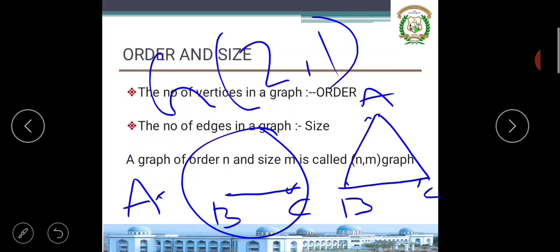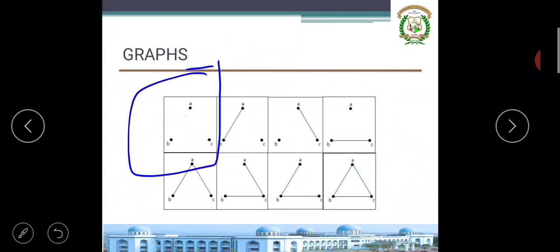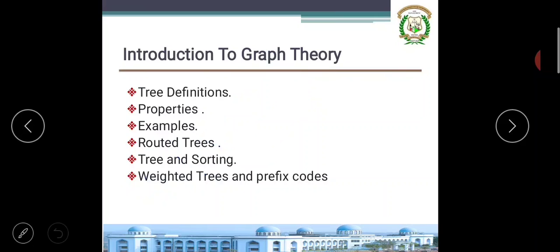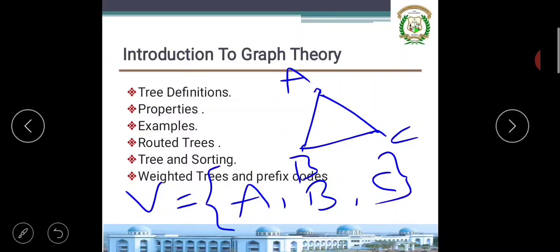The third one is a graph of this; I'll write it here so the concept will be very clear to you. In this graph A, B, C, three vertices will be there. The vertex set contains three vertices A, B, C. Will you agree with my point?